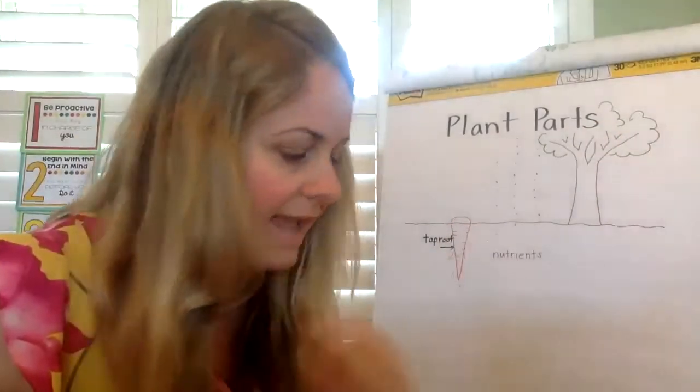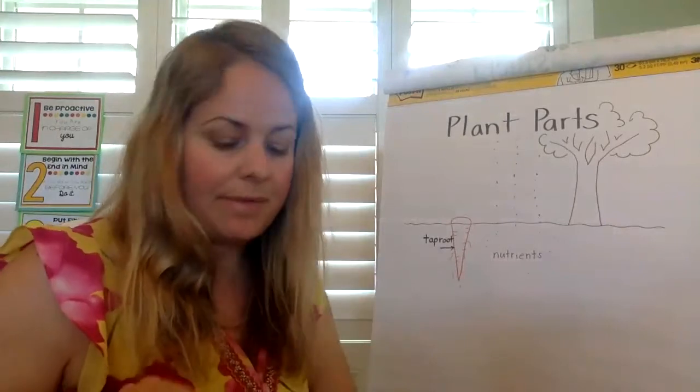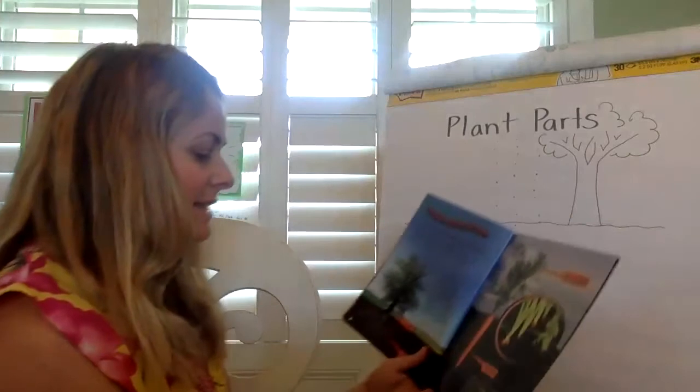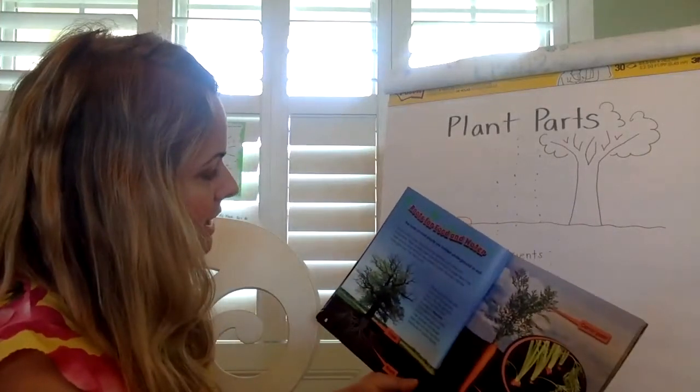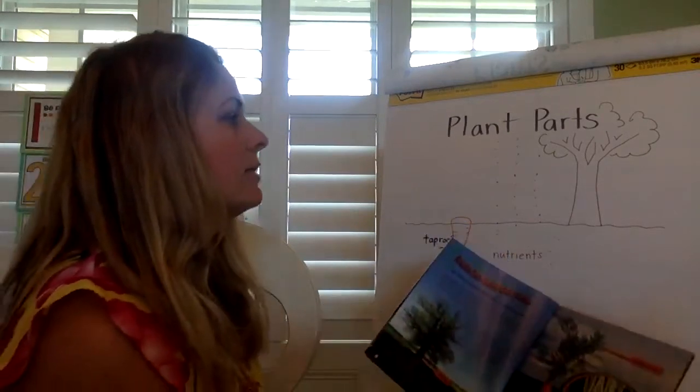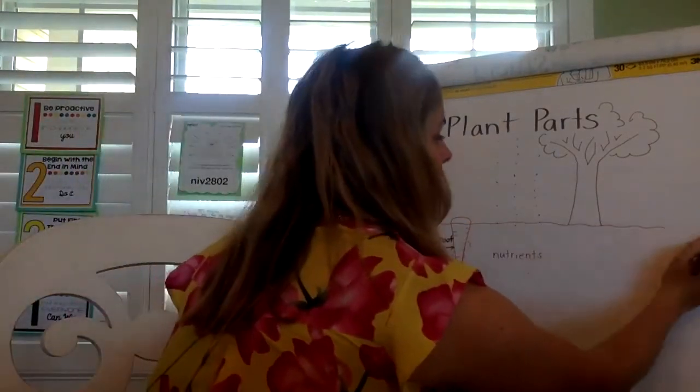And now underground, we can't see them, but there are roots growing. And in the text today, we read that many roots spread out in the soil horizontally. Horizontally, remember, means this way and this way.